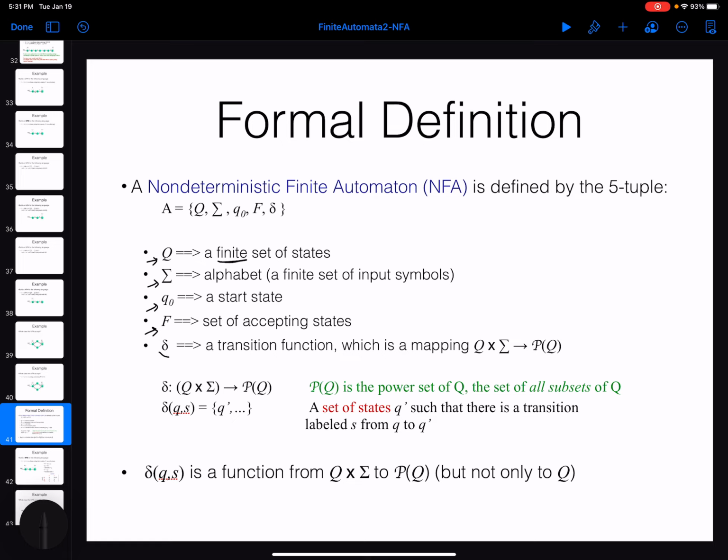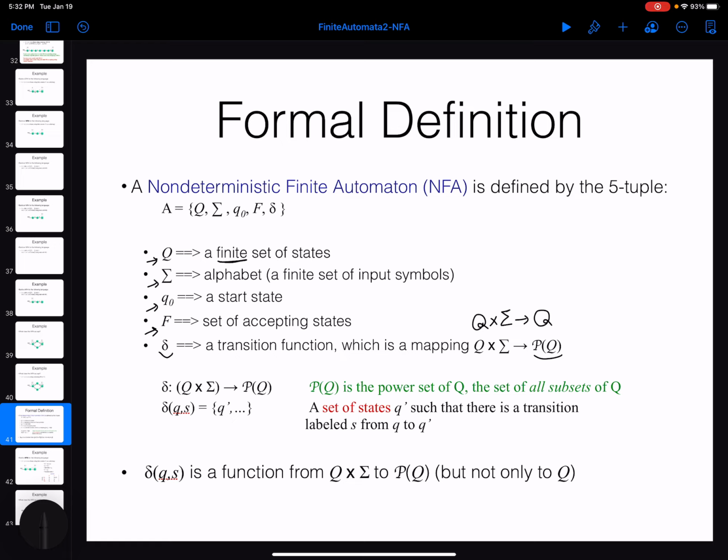And we have a transition function. The main difference between the DFA and NFA is in the transition function. The transition function of a DFA was a mapping from the states and the symbols of the alphabet to the states. But in the NFA, this mapping goes to a set of states.